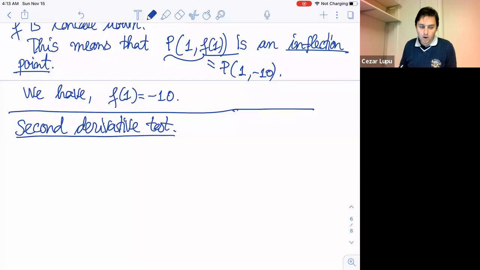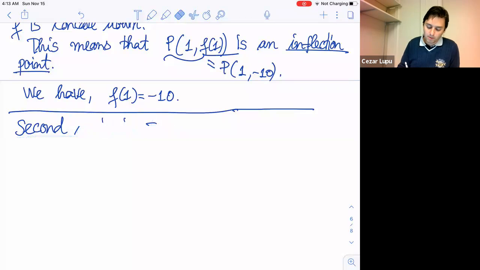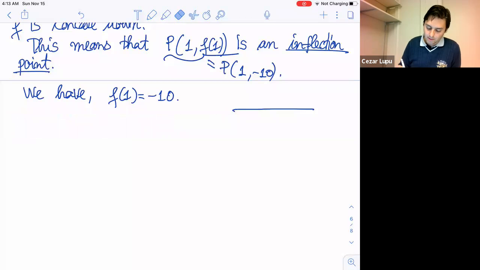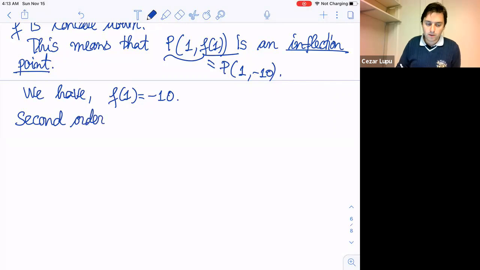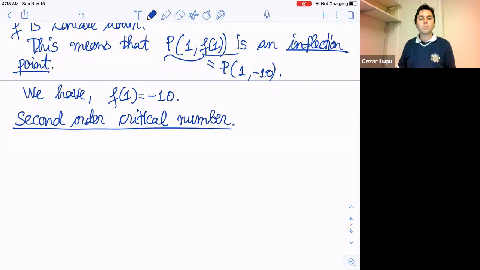But before we go into it, in fact, you know what, before I even talk about the second derivative test, let me just say a few things about second order critical numbers. We would like to say a few words about this.